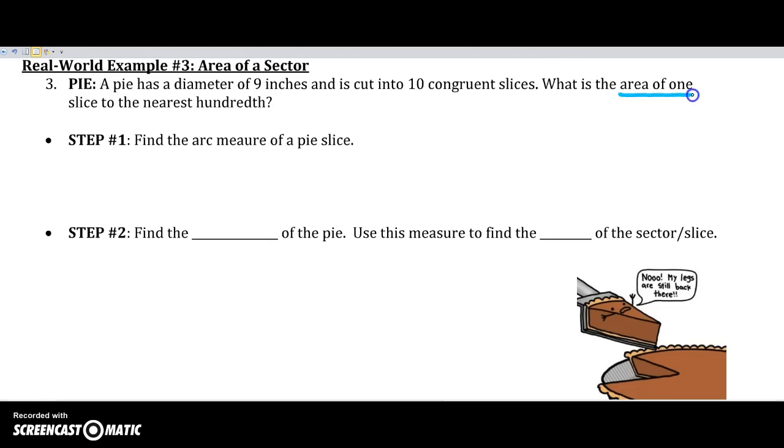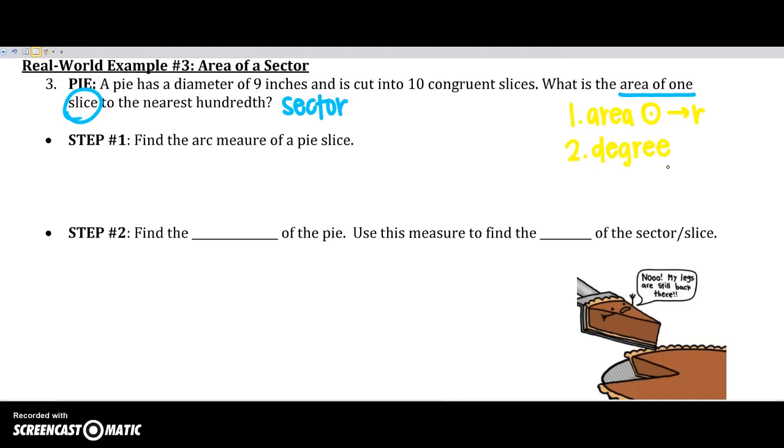So the area of one slice means we need to find the area of our sector. So the things we need to find the area of the sector: we need the area of the circle, which means we need the radius. We need the degree, the central angle, and I guess 360, so really just 2 things.